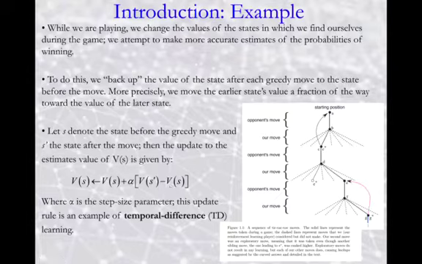Because if I'm currently in a valuable state, then the next one is also somewhat valuable, depending on which action I choose to get to that next state. In the end, this brings the value of the state S closer to its true value by correlating it with the value of the next state.